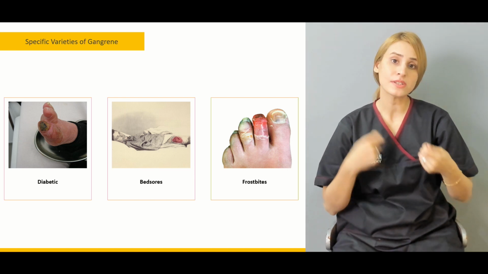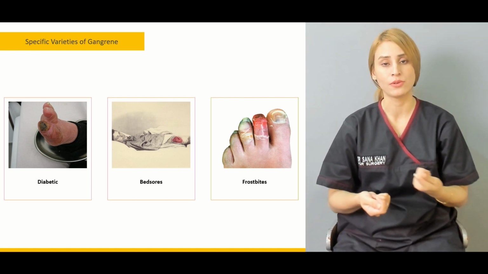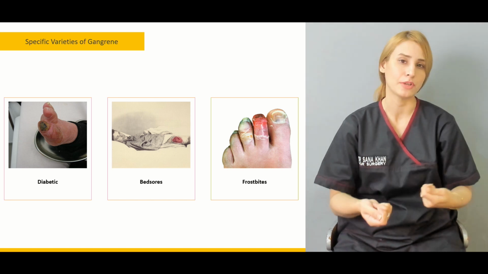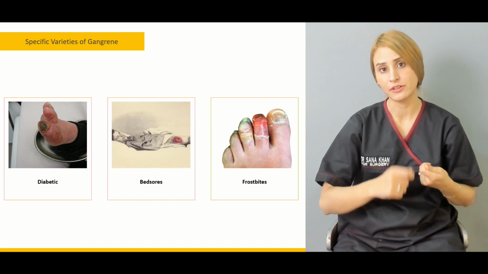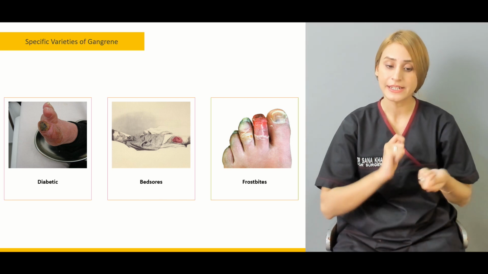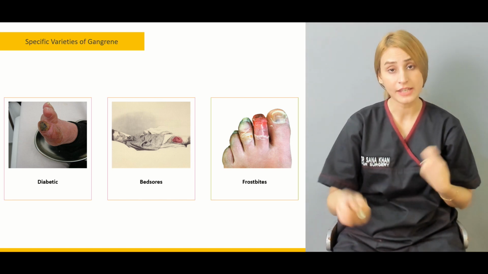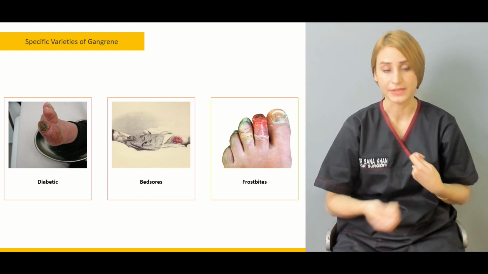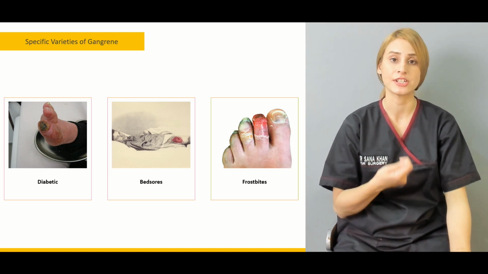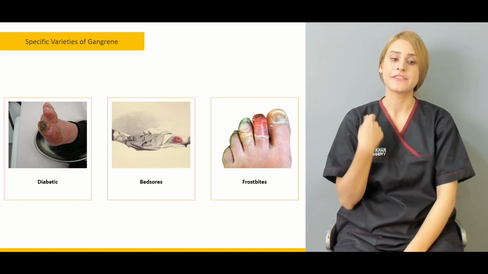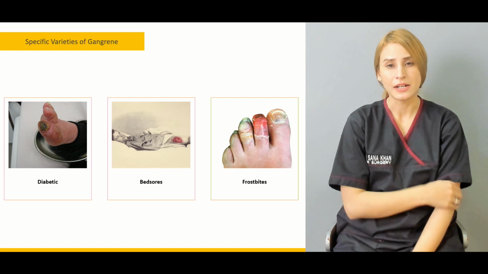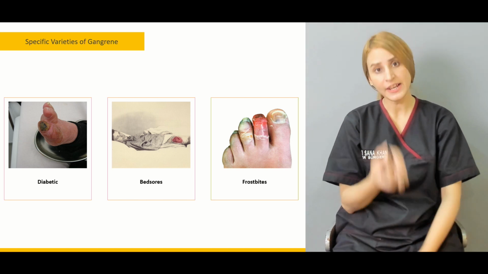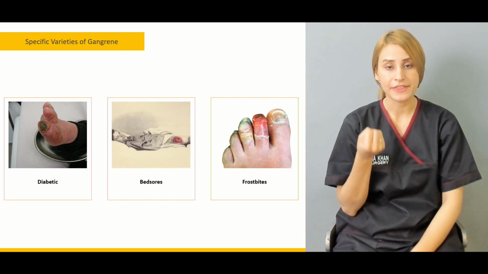It causes demyelination of the axons because of the high blood sugar levels. These high blood sugar levels start the process of axonal degeneration, plus there are small vessels which are supplying the nerves as well.